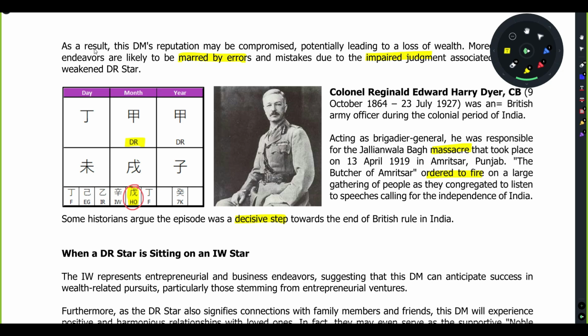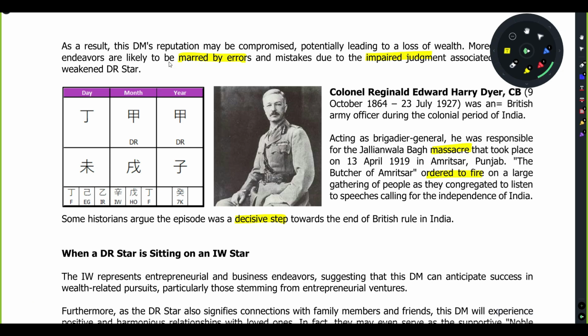And so here we will consider that a direct resource sitting on hurting officer may result in making errors or impaired judgments in certain decisions that they make. Okay, so bottom line, this may not be considered something normally auspicious.